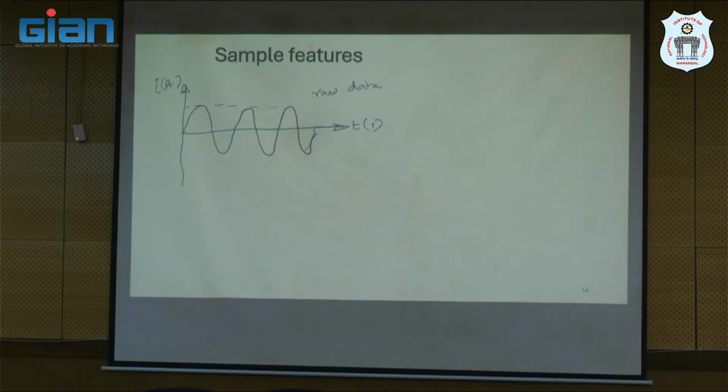One of the biggest advantages of thinking from a data perspective is, let us say I have another sensor output which gives me some waveform. So let us say this is voltage.